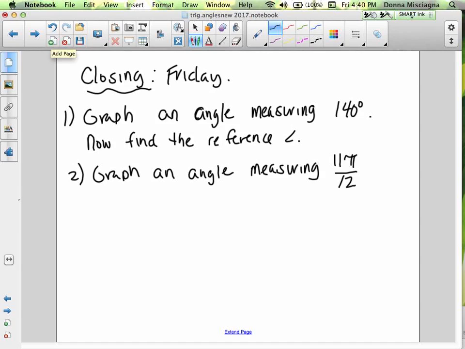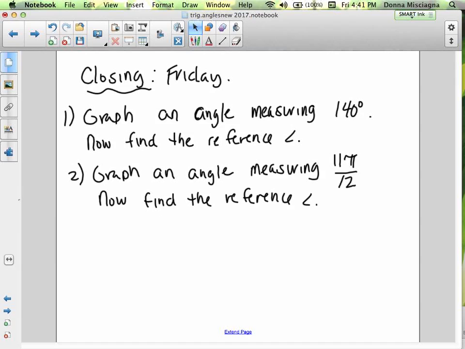I guess that's okay. So 11 pi twelfths. Now find the reference angle. Sometimes it's hard to write these off the top of your head. I guess that will be fine.